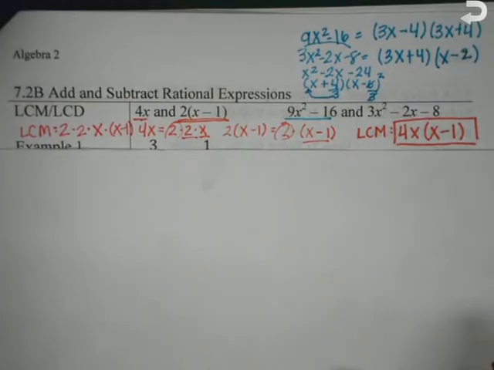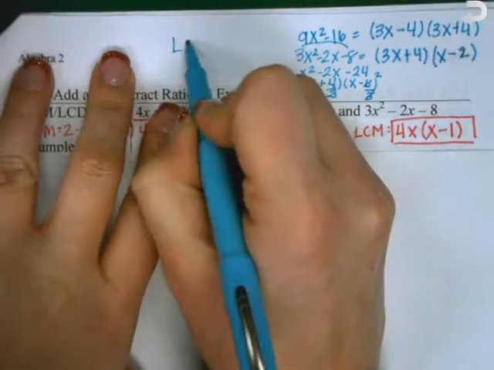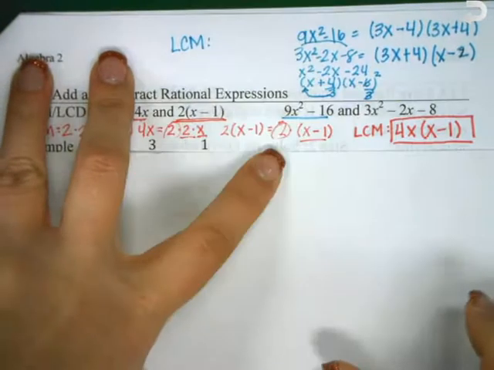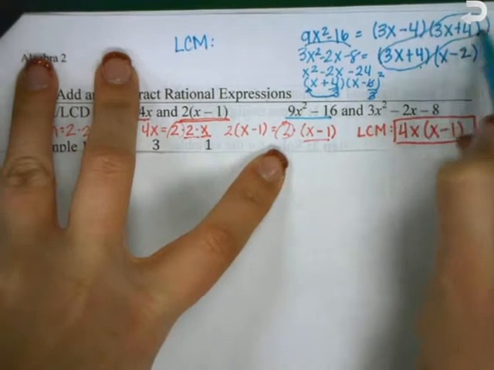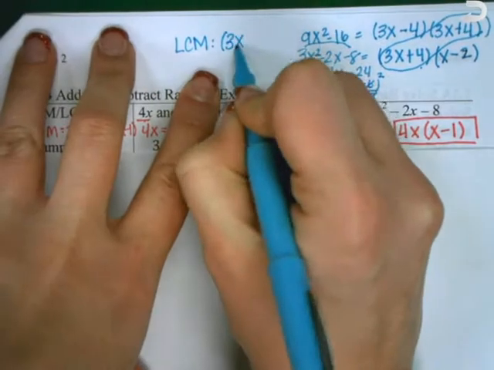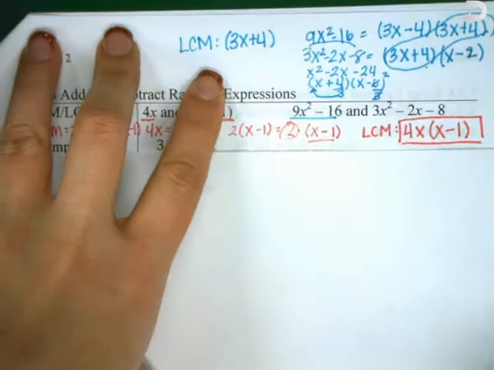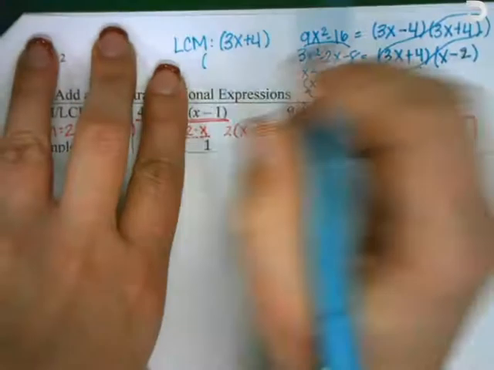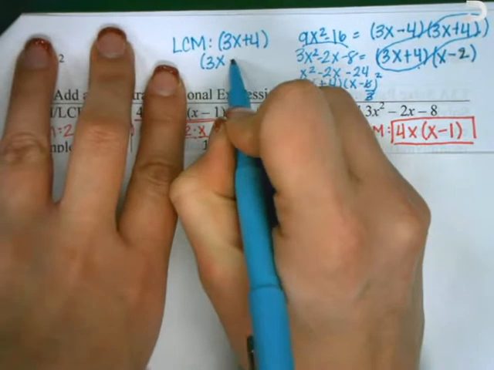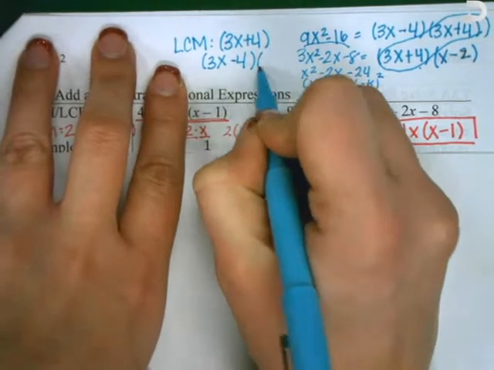Okay, so what do they have in common? These 3x plus 4's are in common, so we only have to write that once. And then we have to also include everything that's not common. So we would also have 3x minus 4 times x minus 2.